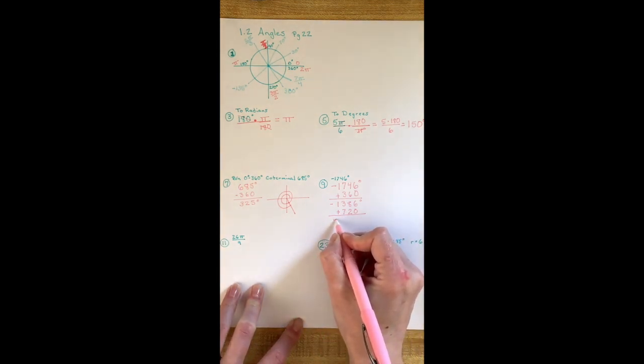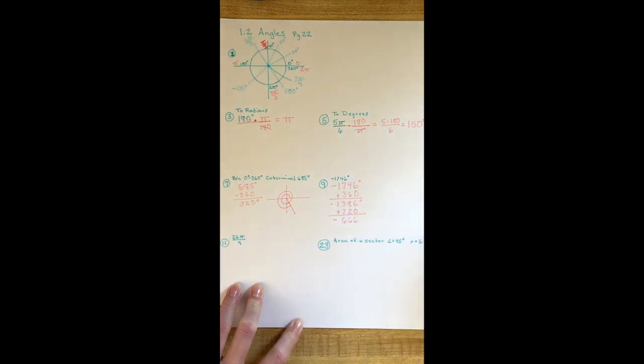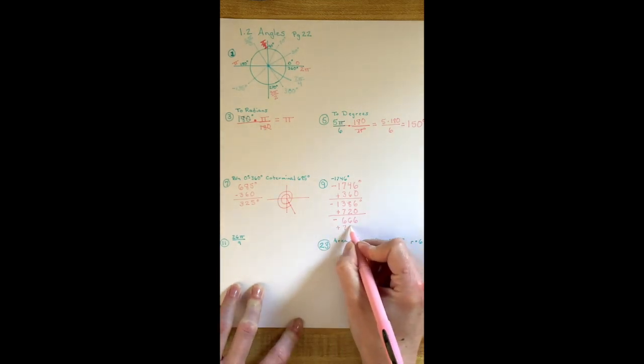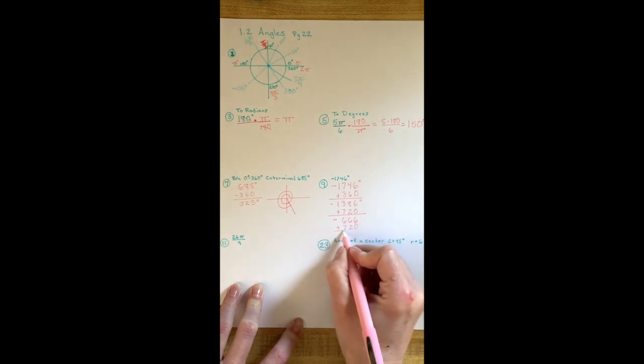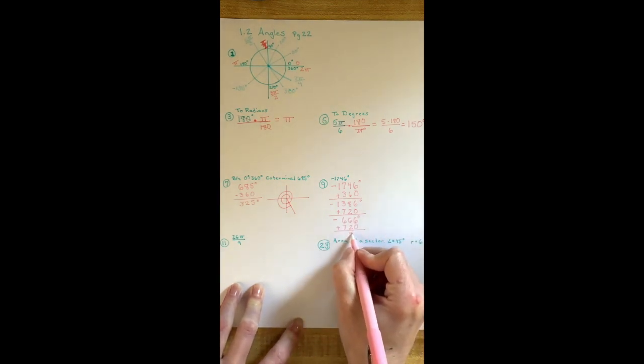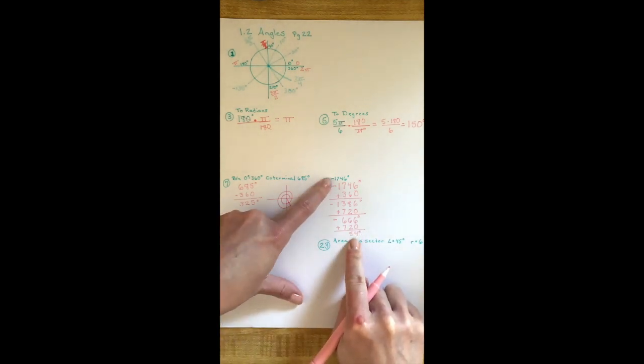So that gives us negative 666. I can only imagine what you guys would say in class if I added and we got that answer. We'd probably have to do something else. So let's add 720 one more time, so that's not what we end up with. If we add 720 here, we're going to end up with 54. So 54 is the answer that we were looking for.